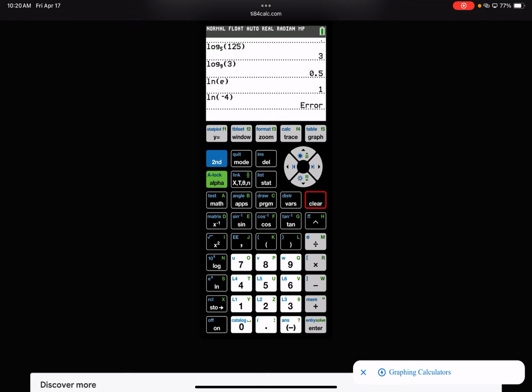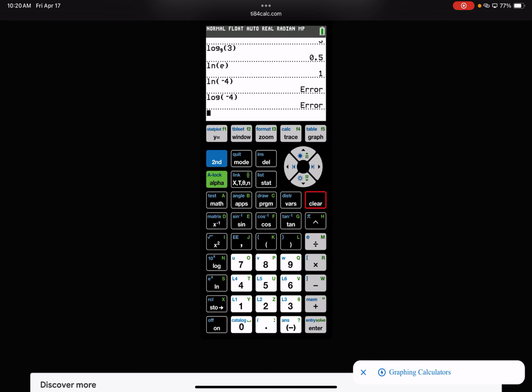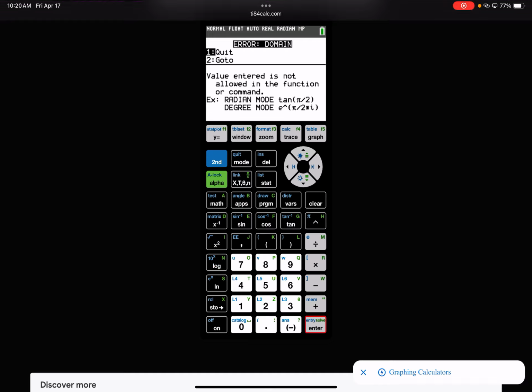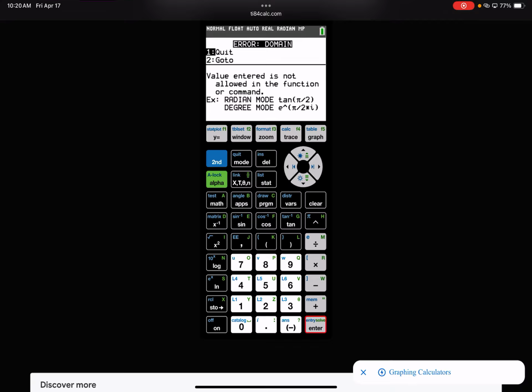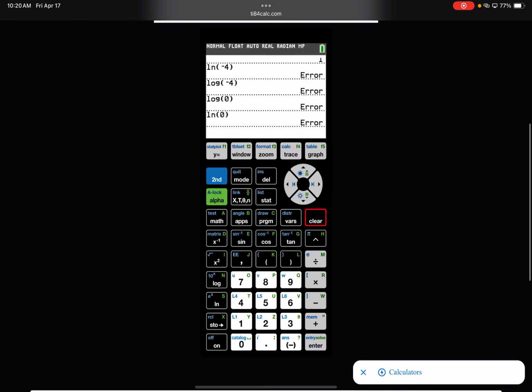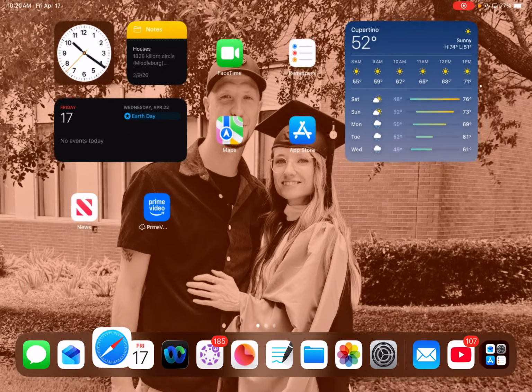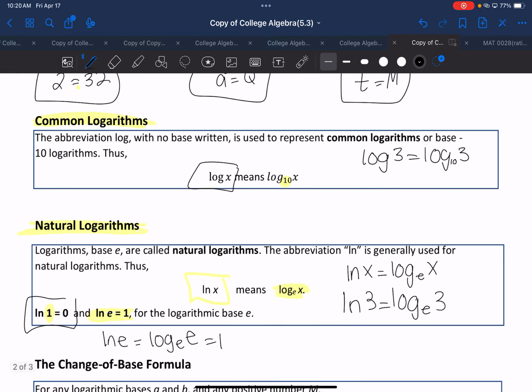Can't do it. If I tried to do log of -4, that will give me an error as well. Also, log of 0, I can't do that. Error. Or ln of 0, I can't do that. It just shows you that it's not on the graph. It's not in the domain. All right, so let's go back. Okay, so those are those two logs.